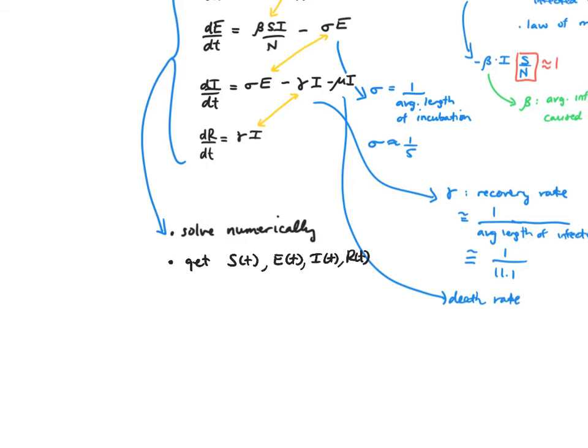Particularly, we're interested in this curve here, the I of t. How does the infection evolve through time, and what does that curve look like? This is what we are trying to flatten in terms of our behaviors, the famous flatten the curve language we've been using a lot.